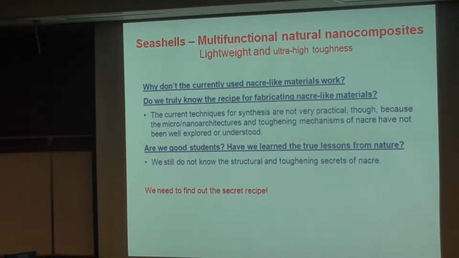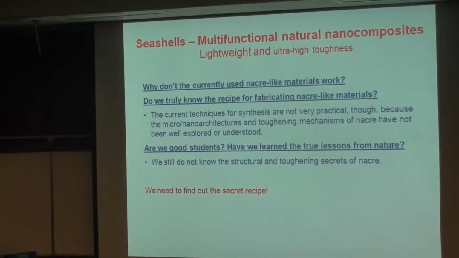And then we asked, why don't the currently used Nacre-like materials work? And the second question is, do we truly know the secret recipe for fabricating Nacre-like materials? We know Nacre is nature's body armor. It's very strong and tough.